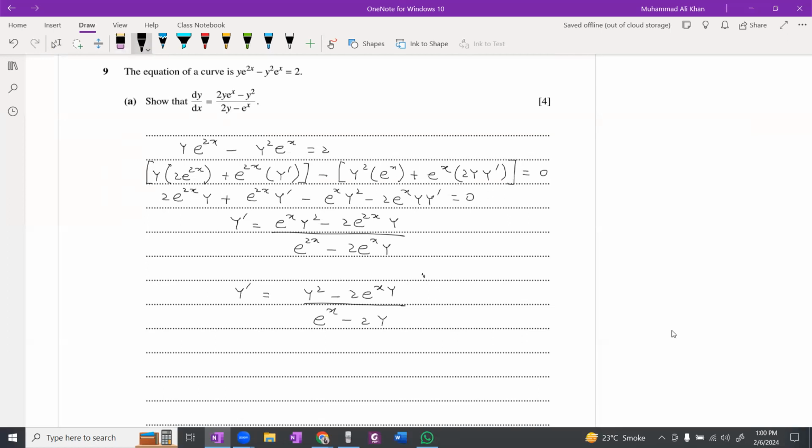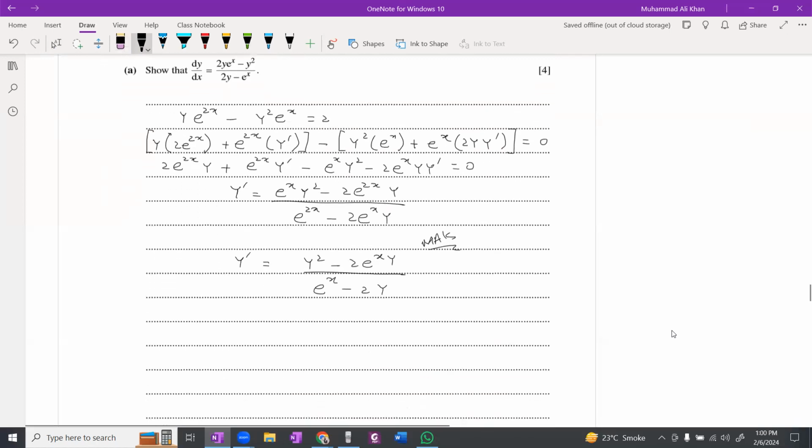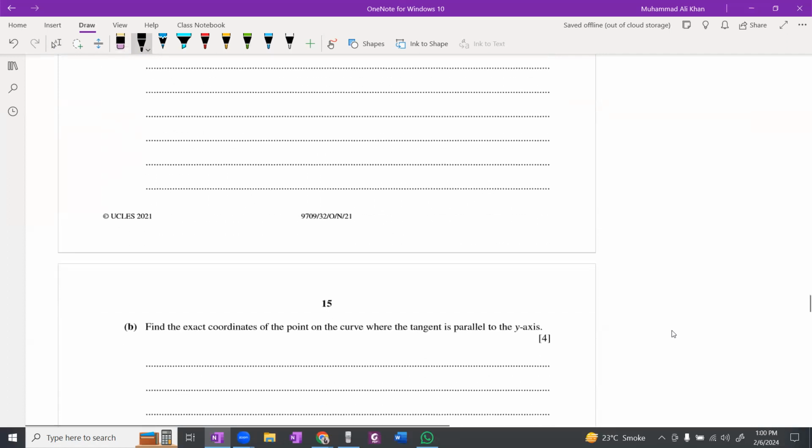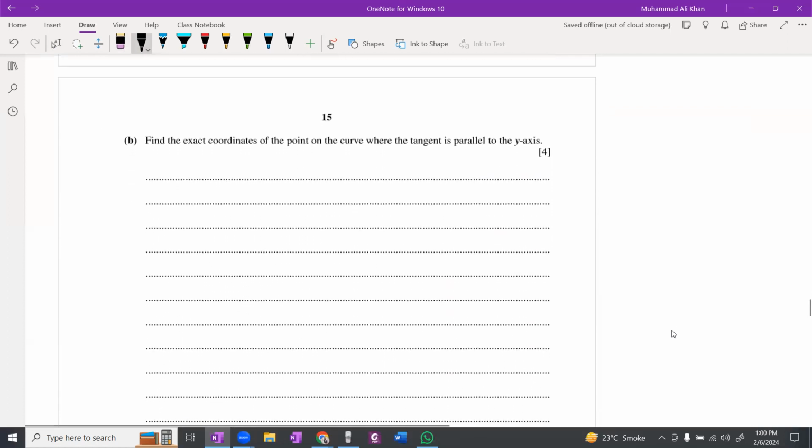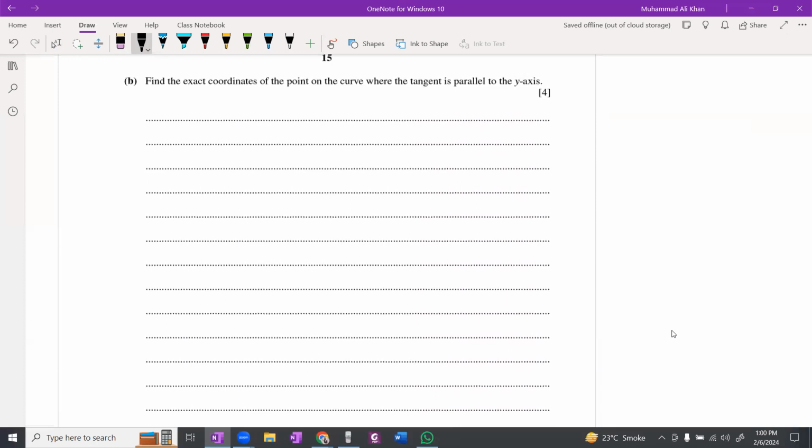After that, what we have in the next part? In the next part, find the exact coordinate of the point on the curve where the tangent is parallel to y-axis. Tangent is parallel to y-axis means the gradient equals to 1 upon 0 or the infinite. And what is the gradient we have calculated in the previous part?